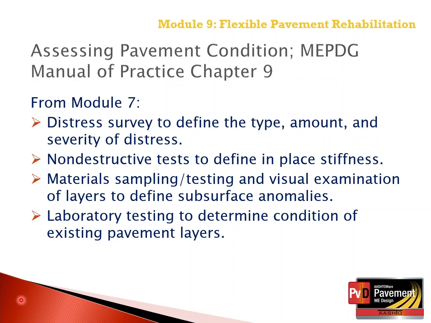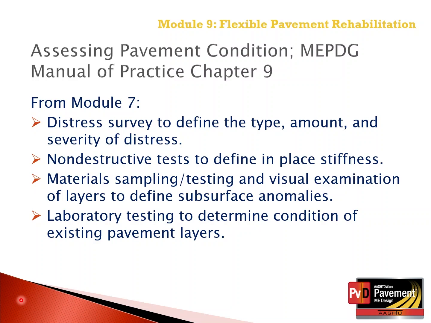It also reviewed non-destructive tests to define the in-place stiffness and/or moduli of the different layers, material sampling and testing, and a visual examination of the layers, cores, as well as material recovered from the unbound layers to define subsurface anomalies, and then laboratory testing to determine the condition of the existing pavement layers.